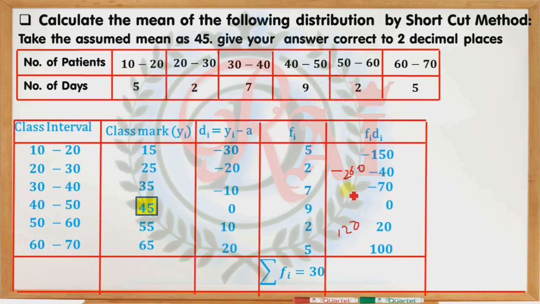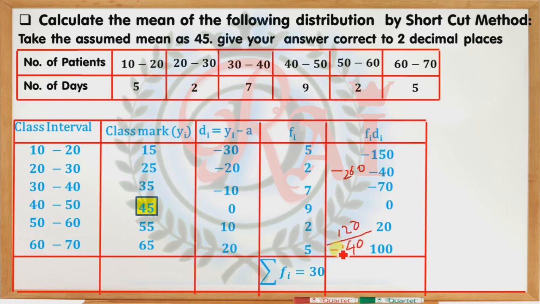Now minus 260 plus 120. 0 minus 0 is 0. 6 minus 2 is 4, and 2 minus 1 is 1. So summation of fi di is equal to 140.